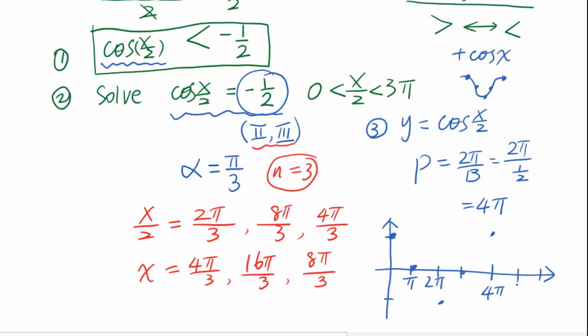So we get this is 5 pi, 6 pi. Remember, the domain for this inequality is between 0 and 6 pi. That's the reason I go to this 6 pi. Then we keep this pattern, go down and go down. The graph will be like this.